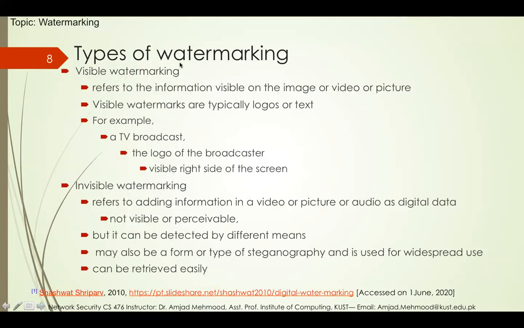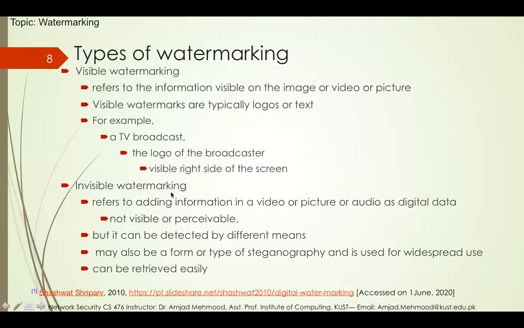These are the types of watermarking. Visible watermarking, as the name refers, is visible on the image, picture, or video. Visible watermarks are typically logos or text. For example, in a TV broadcast, the logo of the broadcaster is visible on the right side of the image.